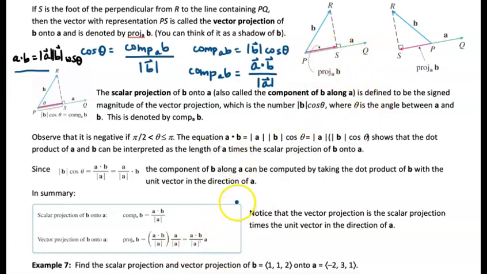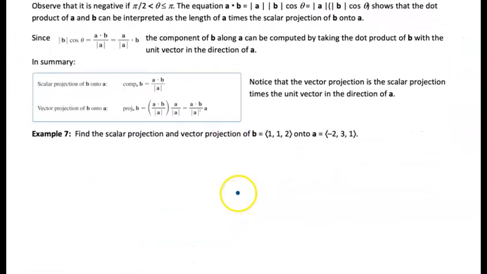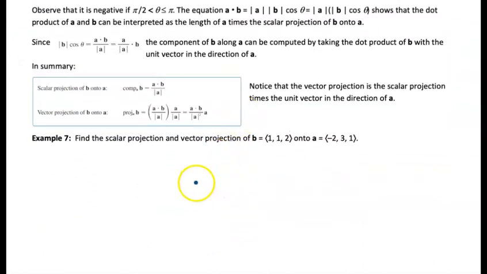All right, so let's do an example. We want to find the scalar projection and the vector projection of B onto A. So let's start by finding the component.